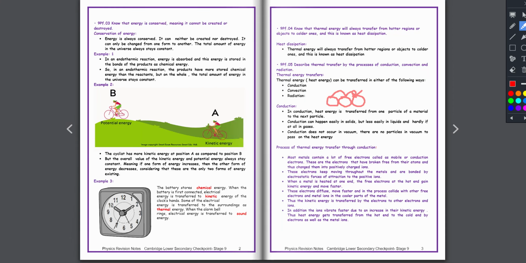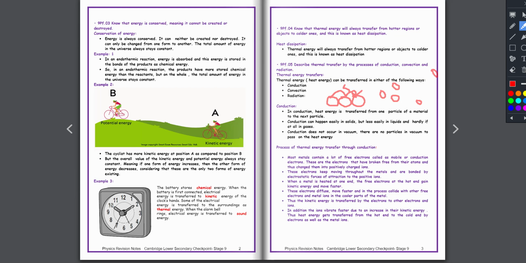Now, they are telling you that conduction can happen easily in solids but less easily in liquids and hardly if at all in gases. Now you know the particles in a solid are close together and the particles in a liquid are a little further apart. So suppose this is a liquid, the particles will be a little further apart. And if this is a gas, one particle will be here, the other might be somewhere here. So since conduction involves the transfer of energy from one particle to the next, it can happen obviously easily in solids.